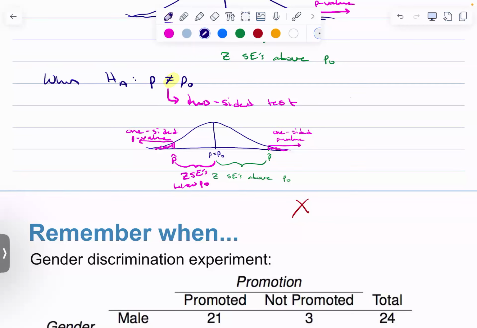So then what we call the two-sided p-value is the one-sided p-value multiplied by 2. One-sided p-value multiplied by 2.